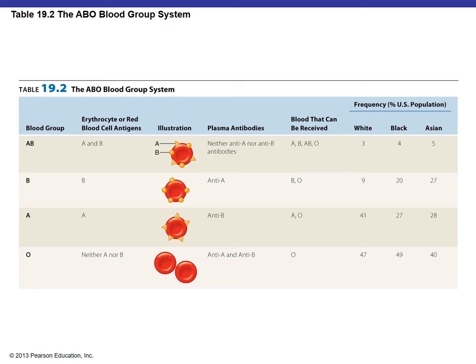Let's say that somebody with blood type A gets B blood. This is where you would have the transfusion reaction. Blood type A has anti-B antibodies, so those anti-B antibodies would bind to the B blood, which has B expressed on the surface of the red blood cells, and it would induce complement lysis of the red blood cells.